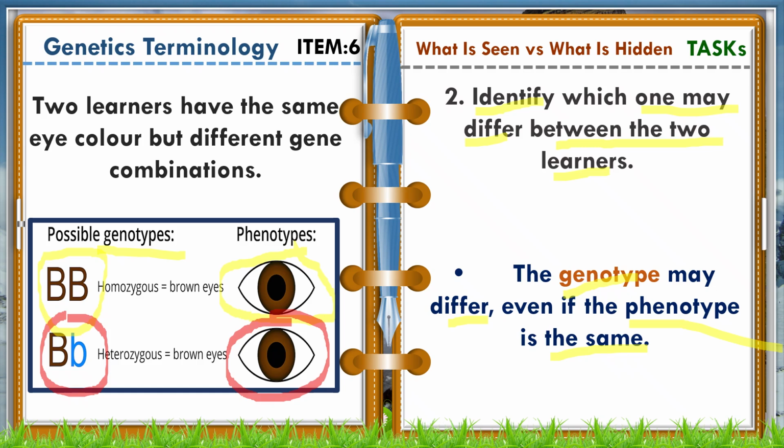So they are asking which one is likely to differ between the phenotype and the genotype. Here the genotype is capital B and capital B, small b. So it is the genotype which is changing, but the phenotype is remaining the same as brown eye and also here brown eye.